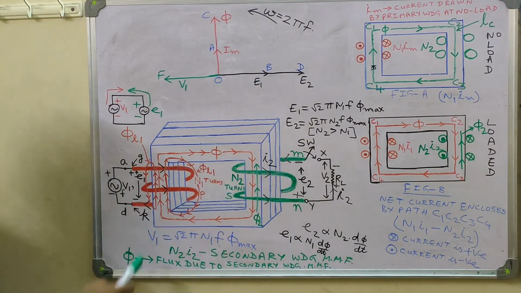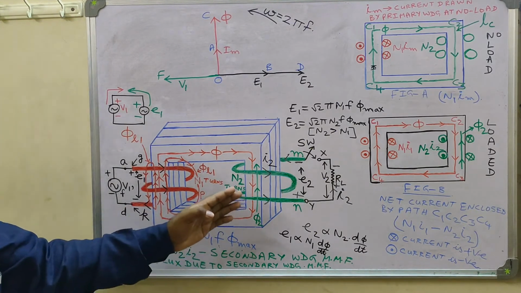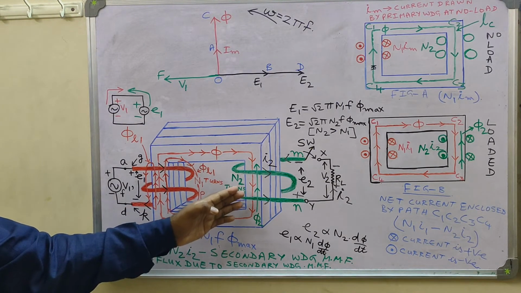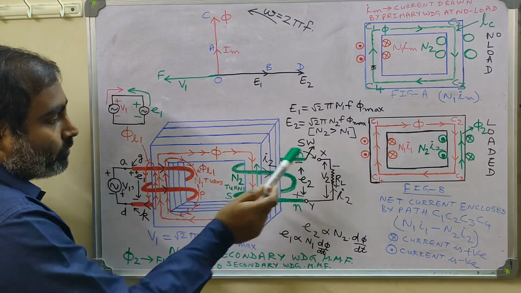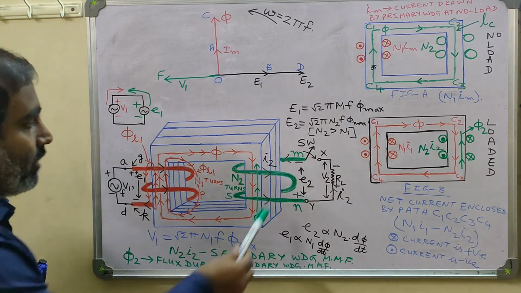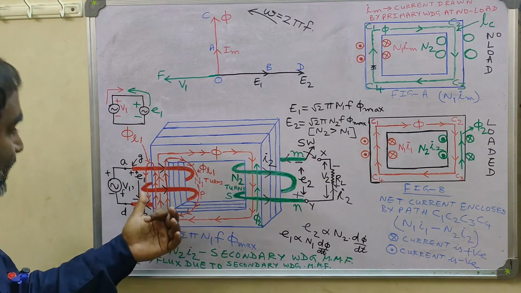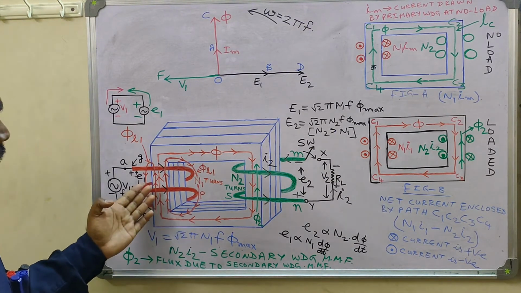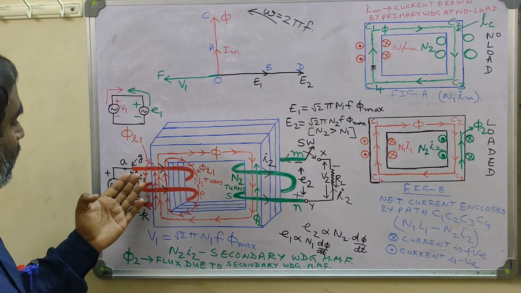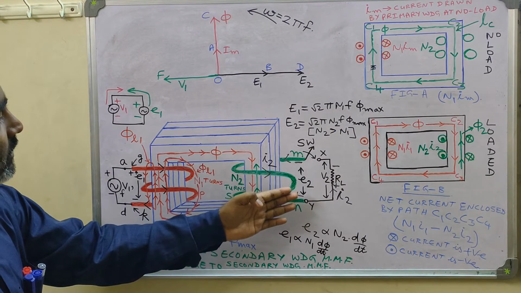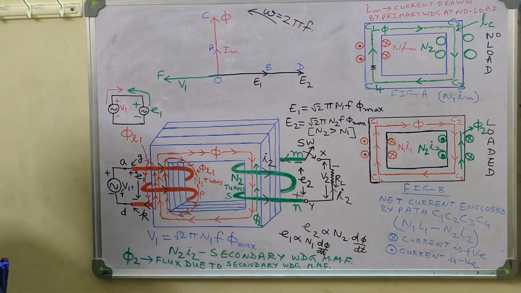So the induced EMF E1 in the primary coil P is less than the induced EMF E2 in the secondary coil S. E2 is greater and E1 is lesser. So it is a case of a step up transformer.